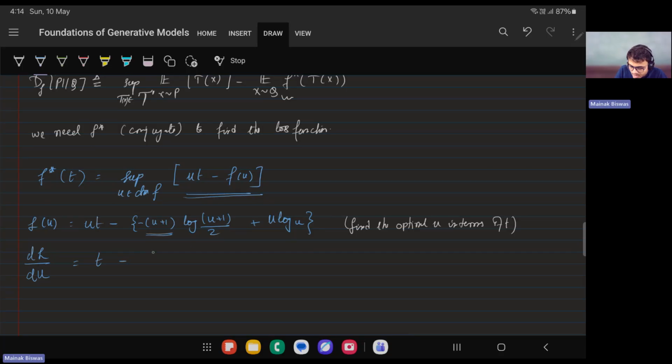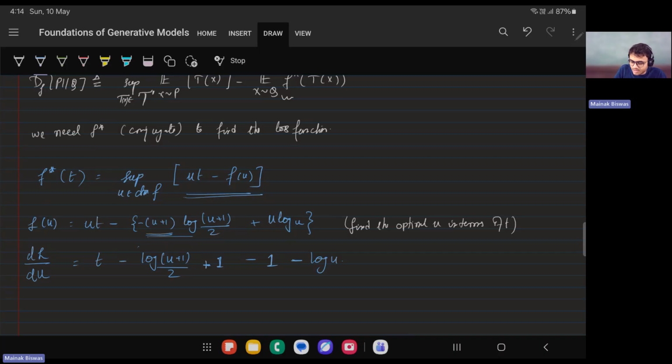t minus, if I take the derivative using the chain rule or the UV rule first and then the chain rule, I can write this as plus 1 minus 1 plus log u, right? So all I did was take the derivative of the log. This is also minus.